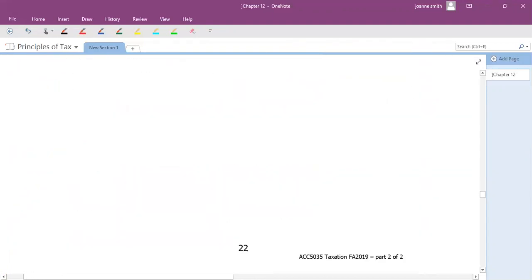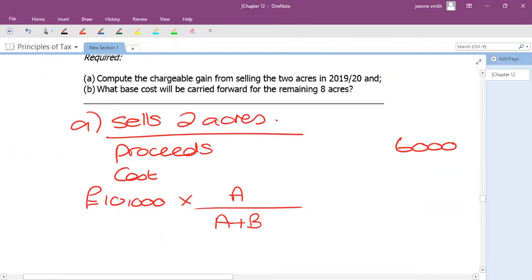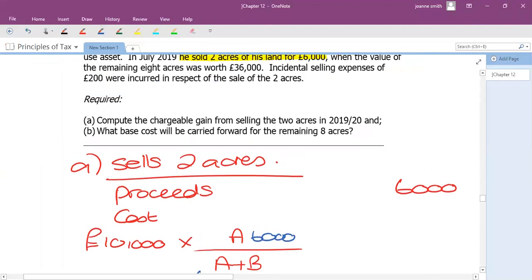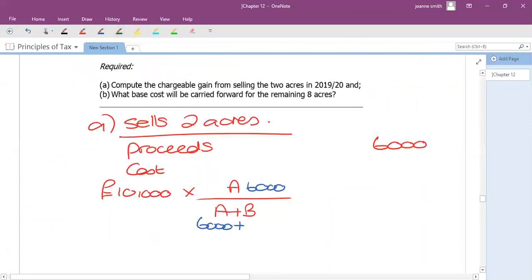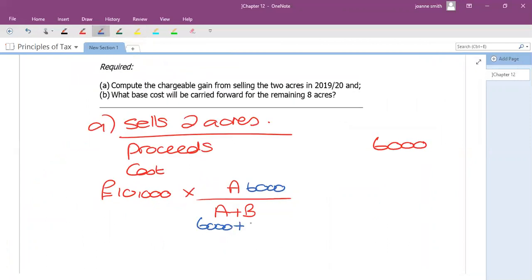So if we go down to the question, A is going to be the proceeds, and B is going to be, what have we got here? The remaining 8 acres are worth 36,000. So the whole of the land in current day terms is worth 42,000.